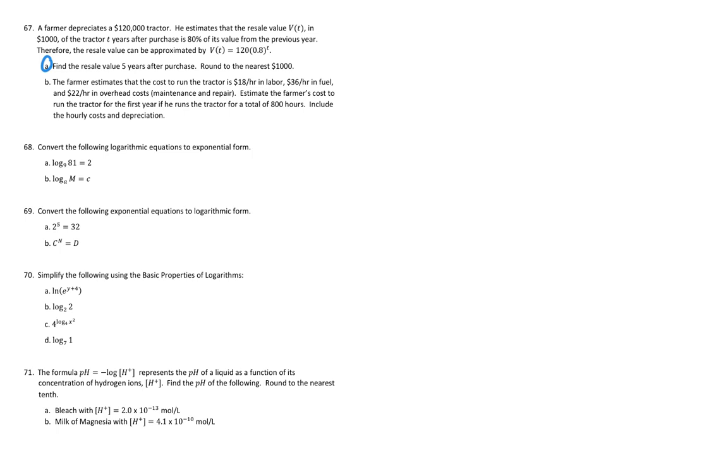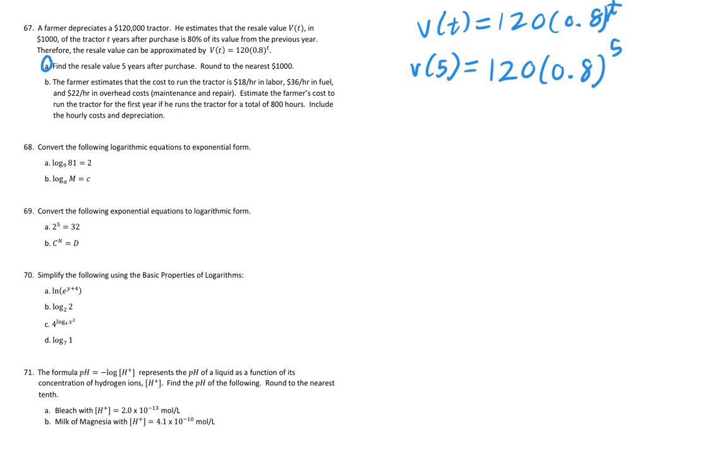So we're given the equation V of T is equal to 120 times 0.8 to the power of T, right? So what part A is asking us to find is after 5 years. So we're going to do V of 5. So that means anywhere we see a T, we're going to plug in a 5. So we're going to have 120 times 0.8 to the power of 5. Plugging that into our calculator, we get V of 5 is equal to 39.32. That's in thousands of dollars.